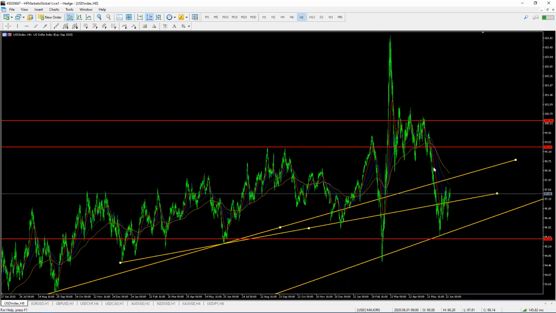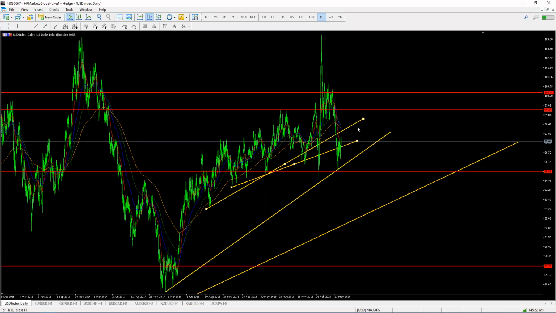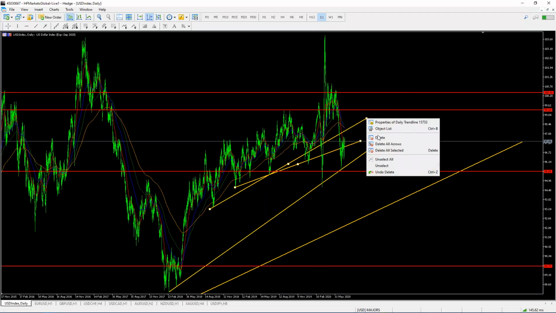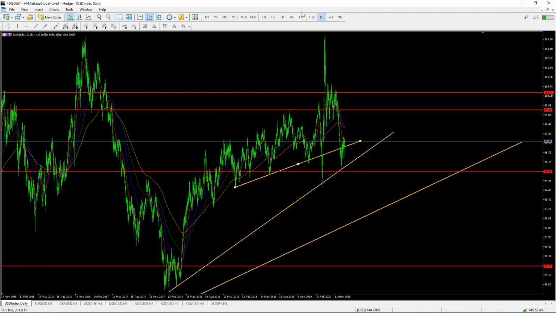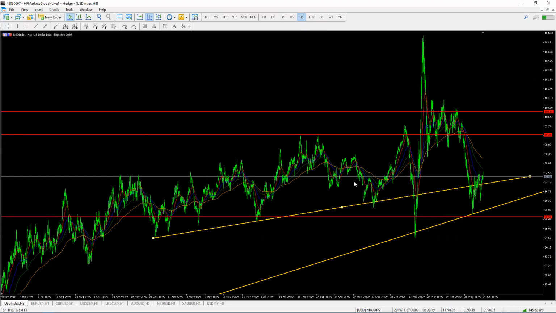Okay. But this one, I'm uncomfortable with using it. This trend line. So let's just delete it. Okay. So we have something of the sort. Still not the best.